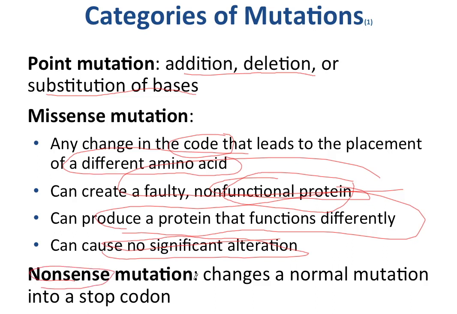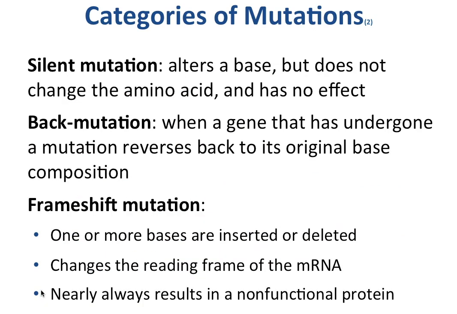Nonsense mutation means once we change those codes, those triplets, the triplet becomes a stop codon. That means the translation is stopped, so the protein will not be produced anymore.